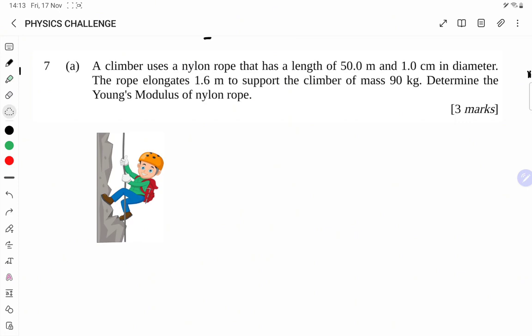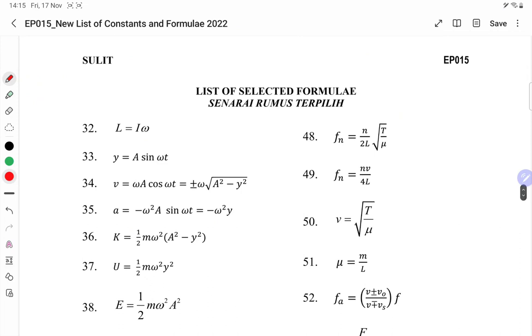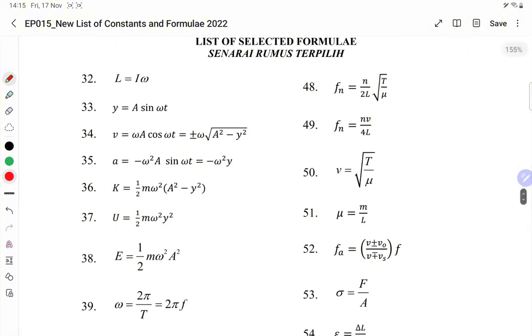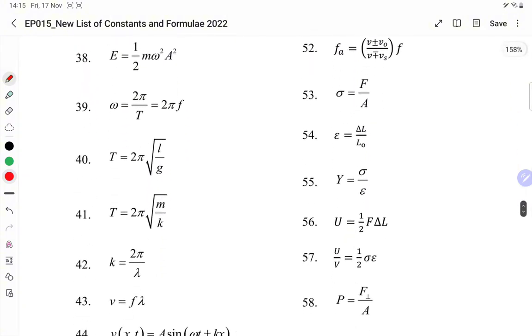Okay, based on the question, we know that this topic is from Physics of Matter, the first two subtopics, which are stress and strain, and then Young's modulus. Before we answer this question, I would like to bring your attention to the list of selected formulas. For the first two subtopics of chapter 8, the formulas start from number 53 until 57.